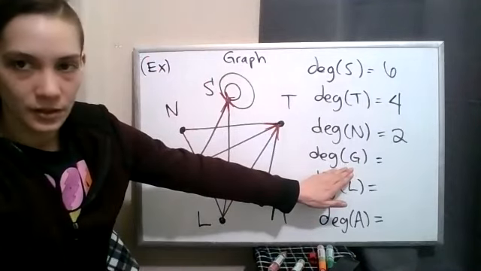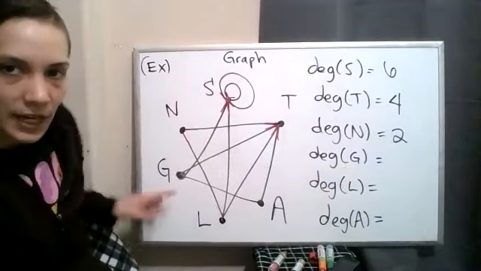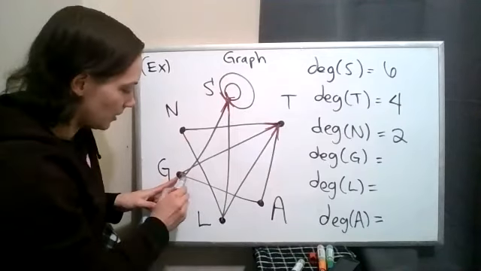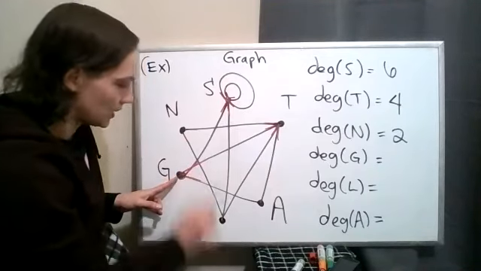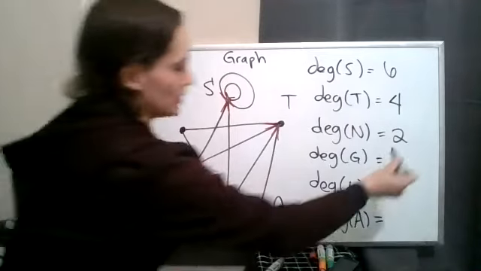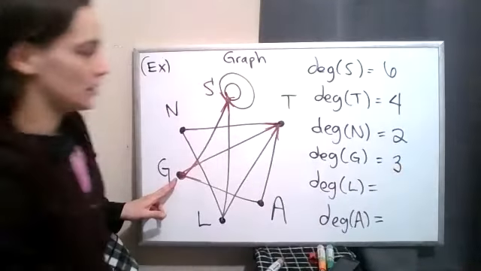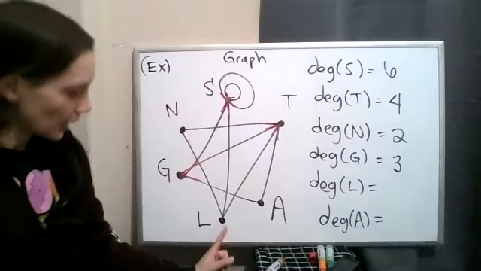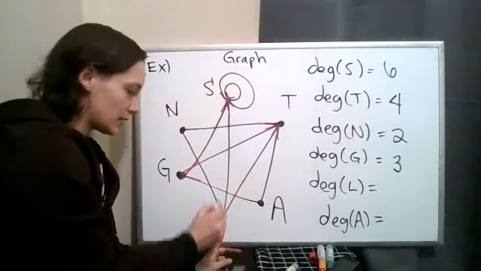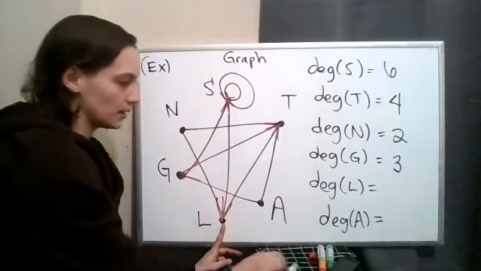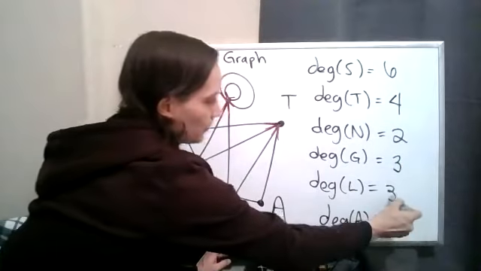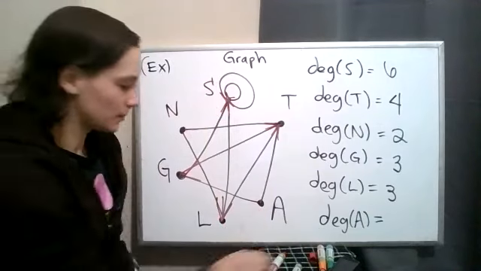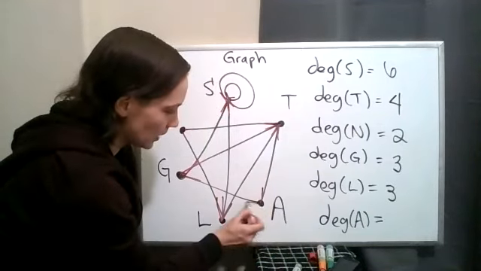Okay, for the degree of G, make sure you're at the vertex G, and there are 1, 2, 3 connections. So G has degree 3. L also has degree 3. 1, 2, 3. And A would have degree 2. Just once, twice.